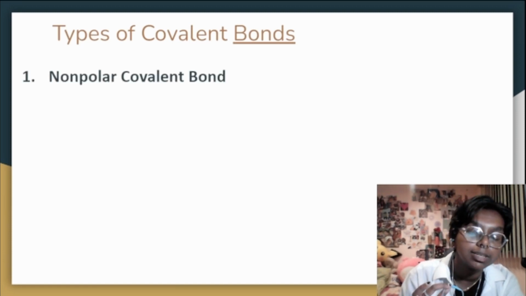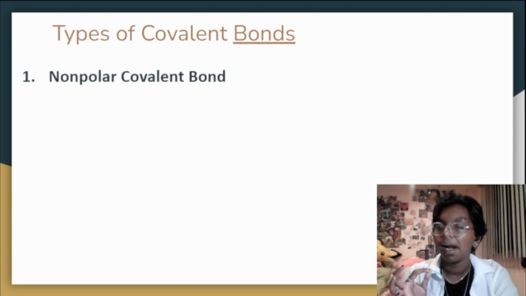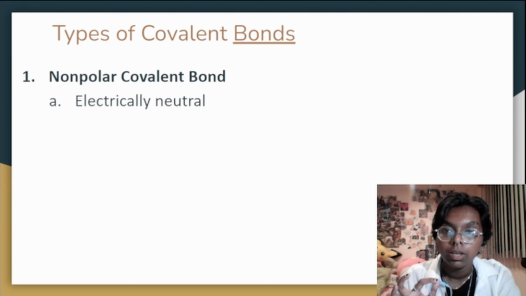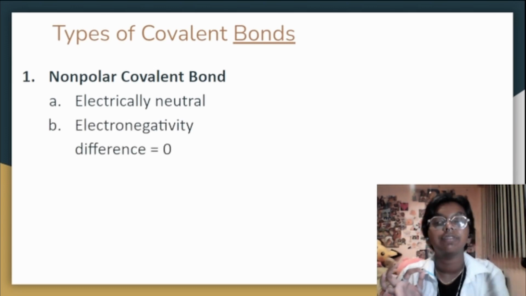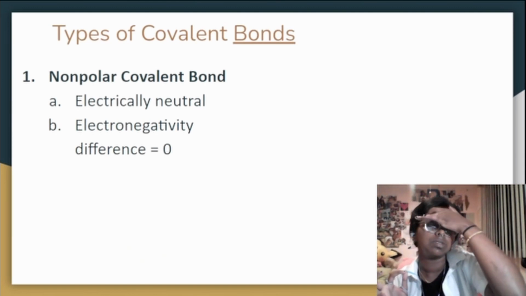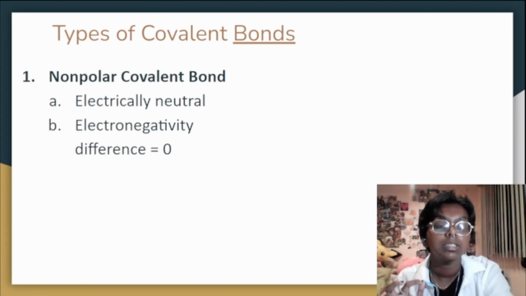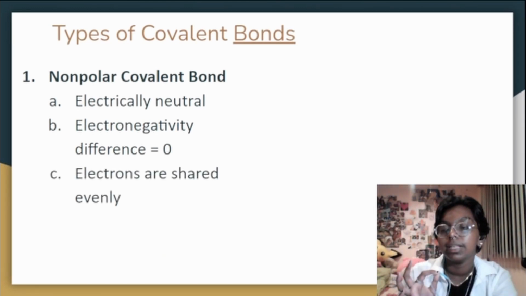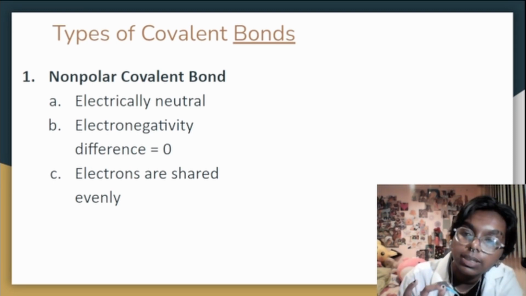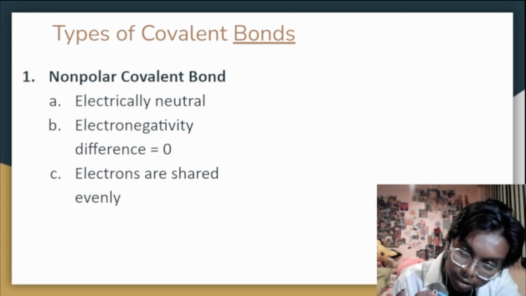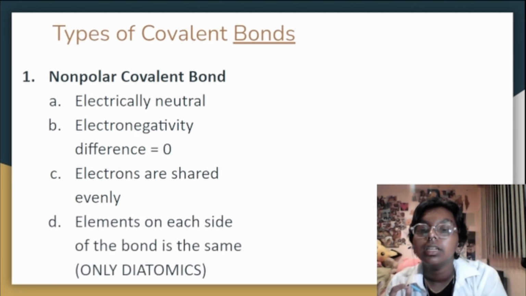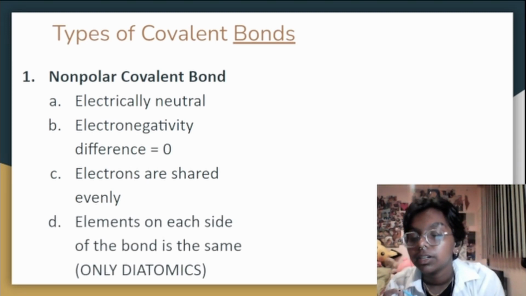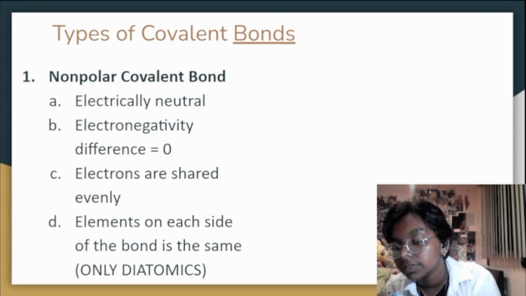Types of covalent bonds. You have a non-polar covalent bond. A non-polar covalent bond is electrically neutral, right? So the electronegativity difference between the 2 atoms is 0, and that means the electrons are shared evenly between the atoms in the covalent bond. The elements on each side of the bond are the same, which is the case for diatomics.